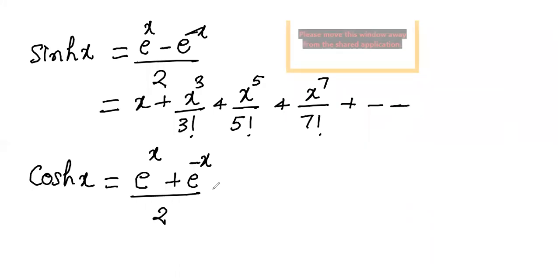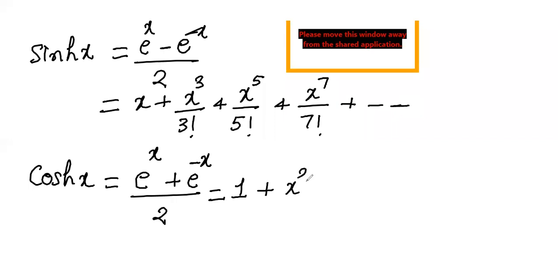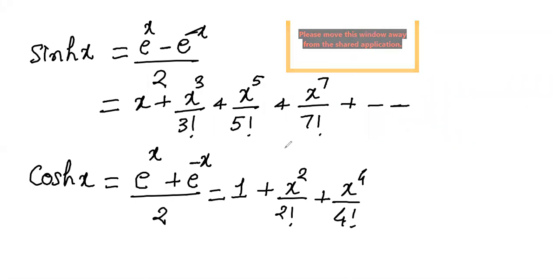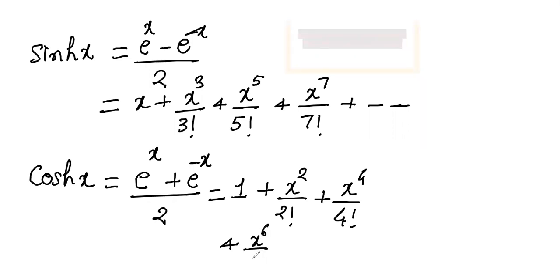Similarly, here we get 1 plus x square upon 2 factorial plus x to the power 4 upon 4 factorial, meaning alternate terms will be present in this, plus x to the power 6 upon 6 factorial and so on.